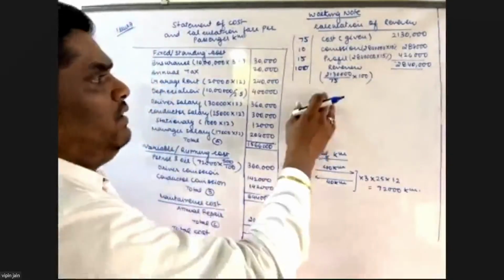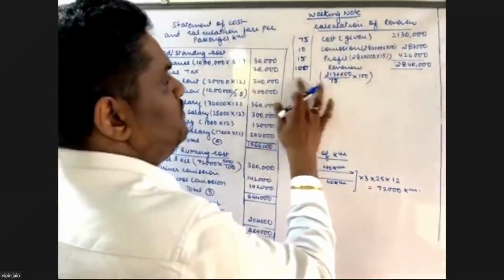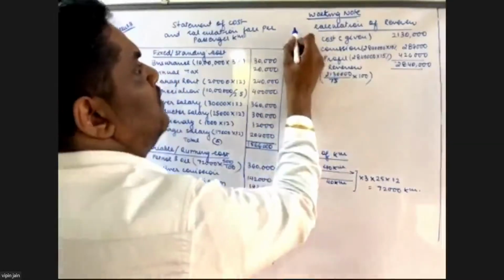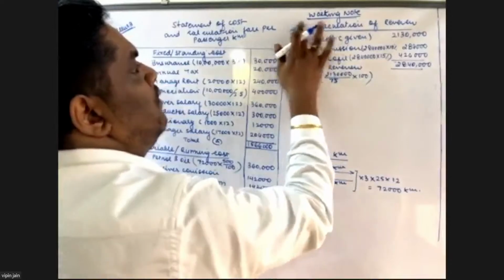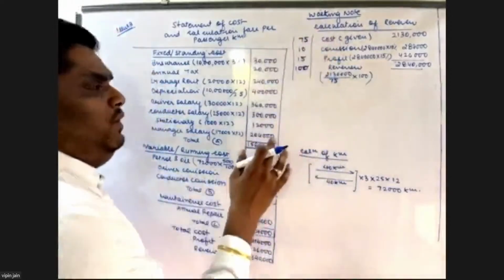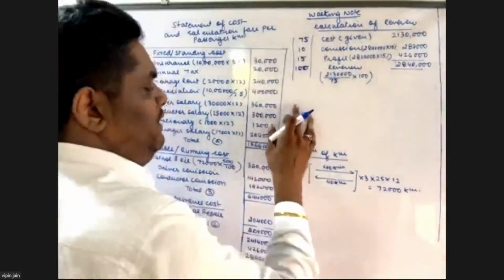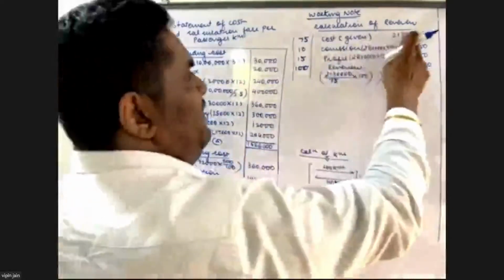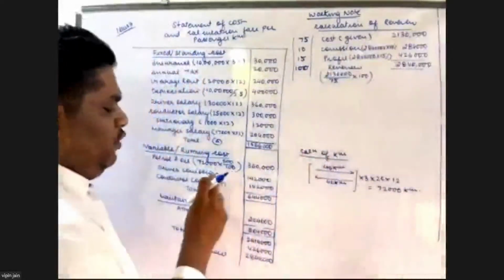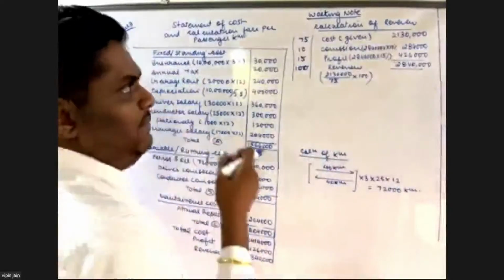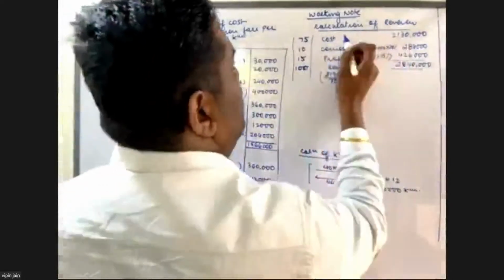When talking about the calculation of commission, so herein the cost as given is 21,30,000, excluding commission.